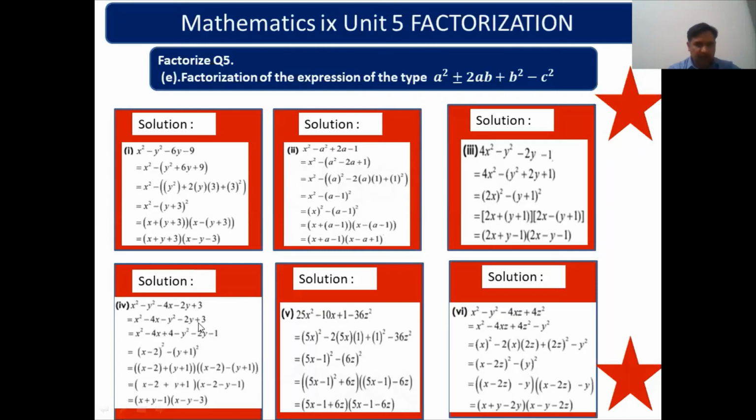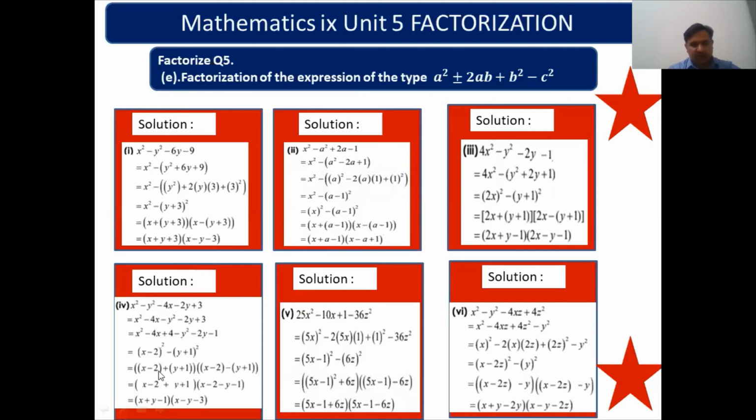So here you have to clear that here is 3. When we add 1 and subtract, we have this will be equal to 4, and when we subtract, then that minus 1 is here. So we can write this as x minus 2 whole square, and when we take minus as common, we have y square plus 2y plus 1. So then we can write this as y plus 1 whole square. So again we have to utilize the a square minus b square.